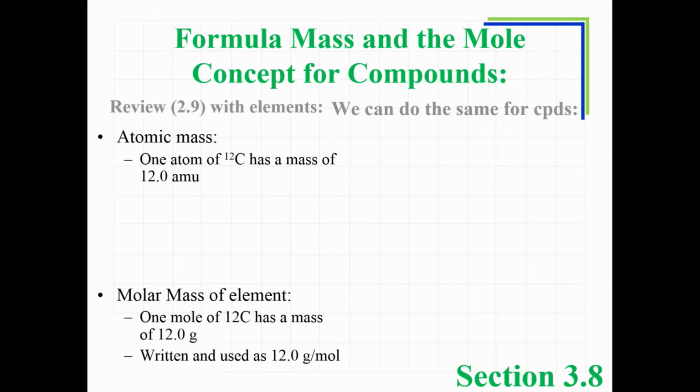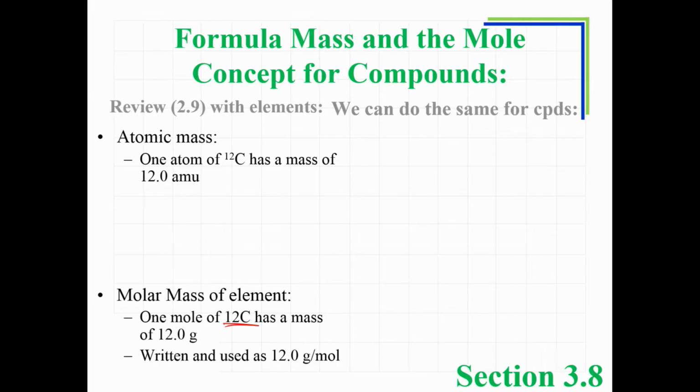If we had 1 mole of carbon-12, and see that 12 with the C there? I probably ought to write on the screen. My little superscript is gone, so that's a 12 superscript there. So 1 mole of carbon-12 would have a mass of 12 grams. So that's the molar mass world. So we can talk about it in terms of atomic mass or we can talk about it in terms of molar mass. That's what we learned in 2.9.